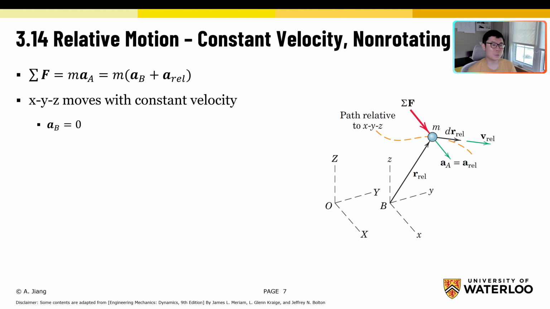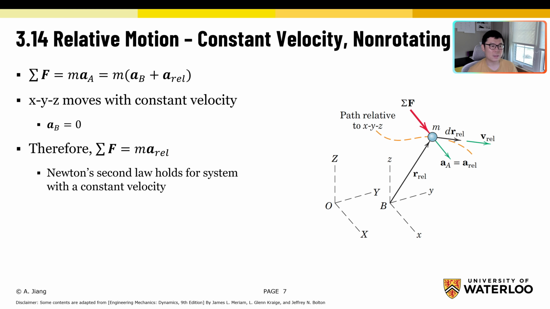As I mentioned, to simplify our life, in this course, we're going to only deal with moving frames with a constant velocity, and this will bring us A_B equals 0. Therefore, mathematically, sum of F equals m a_rel. This is actually true because Newton's second law holds for systems with a constant velocity and non-rotating systems.